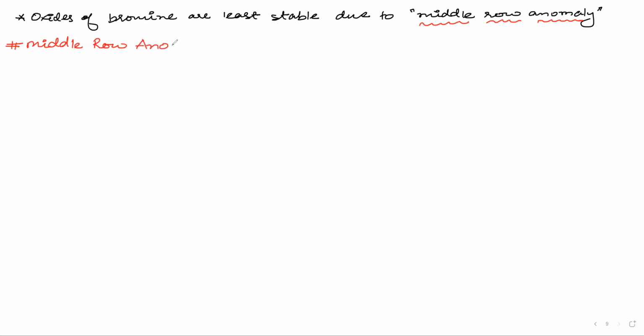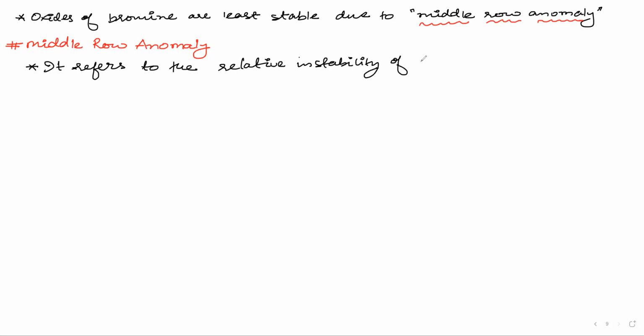This middle row anomaly refers to the relative instability of oxides of bromine.